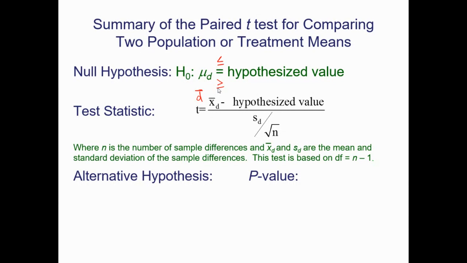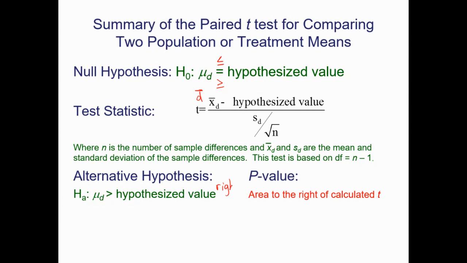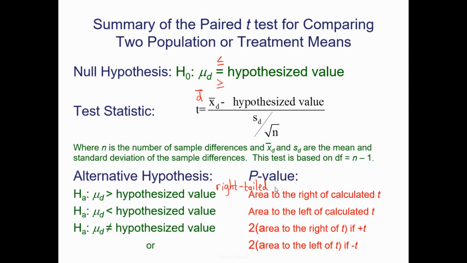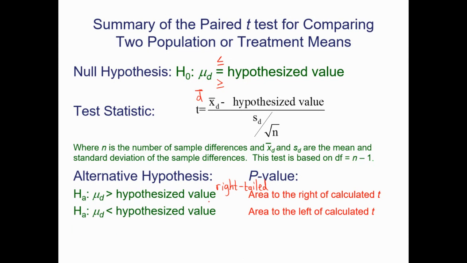Okay, our alternative hypotheses. They're really just like the others. You can be greater than, which would be a right-tailed test. This is going to be right-tailed. We can be less than, which would be left-tailed.